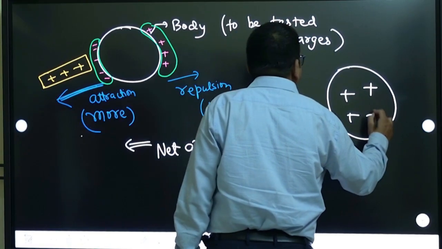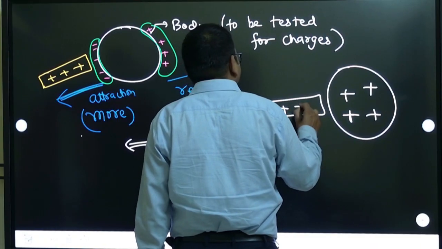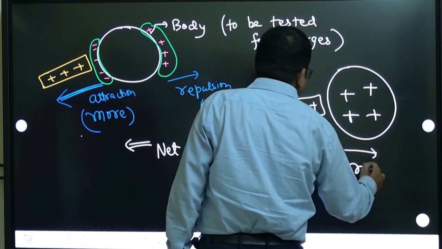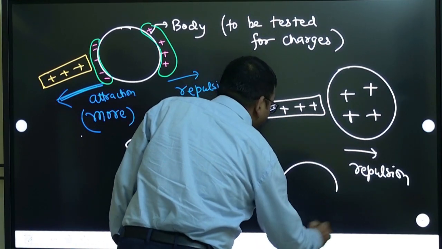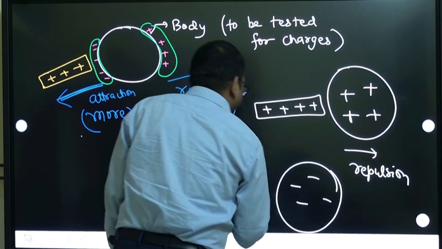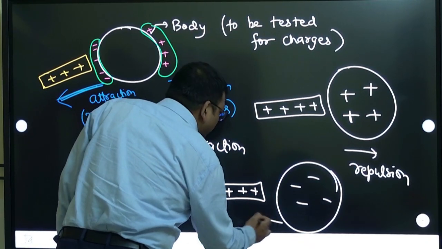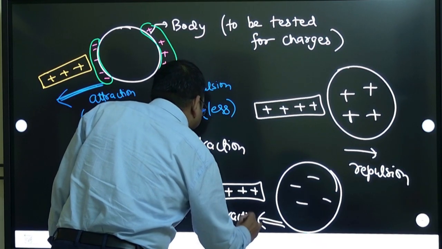Then the rod, which you have brought as positive, will definitely cause repulsion. And suppose the body you want to test is negatively charged and the rod is positively charged, then definitely there will be attraction.